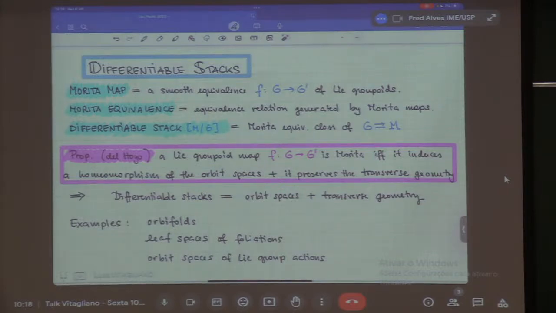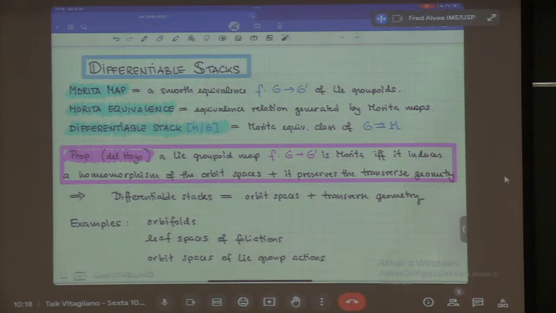He proves that a Lie groupoid map F is Morita if and only if it induces a homeomorphism at the level of the orbit spaces, and additionally preserves some transverse geometry which is canonically attached by the Lie groupoid to the orbit space, whatever that means.